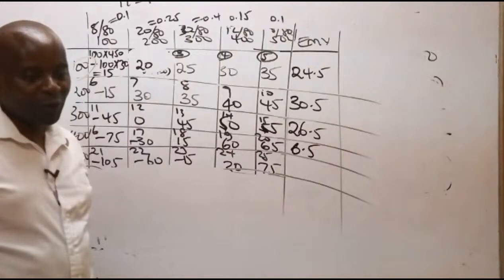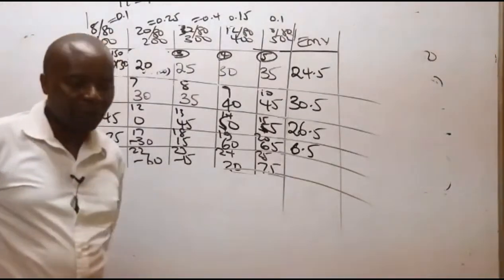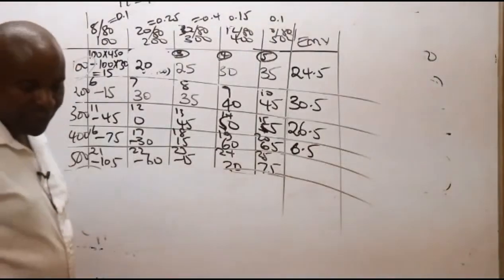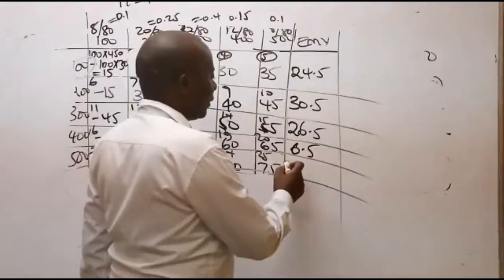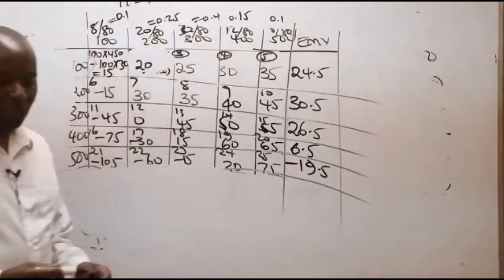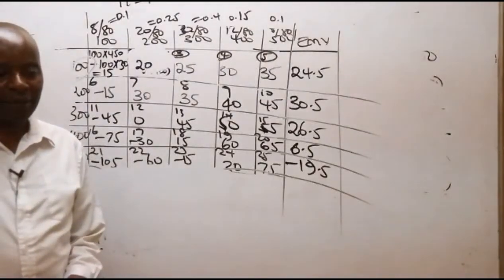Or was this 6.5 the last one? No, Lokai tells me that the last one is supposed to be negative 19.5. Is that the case?